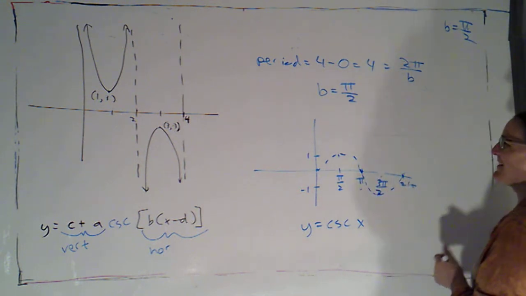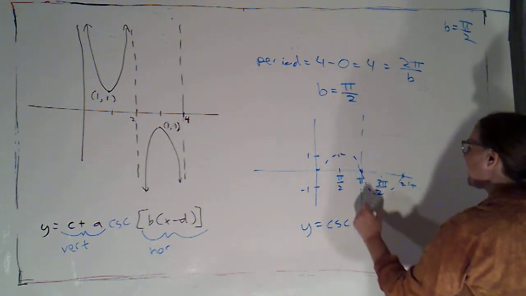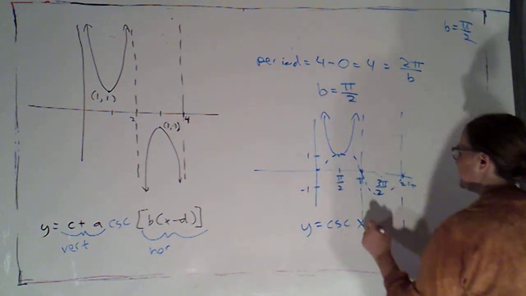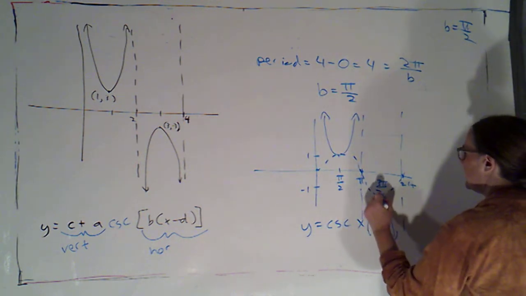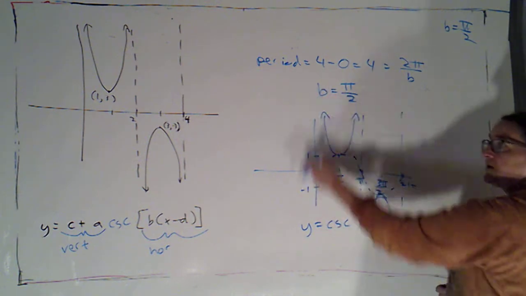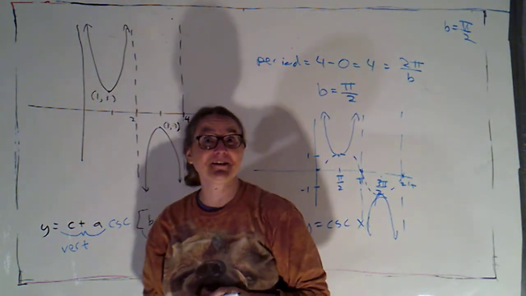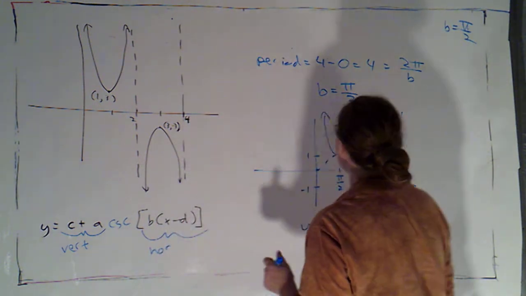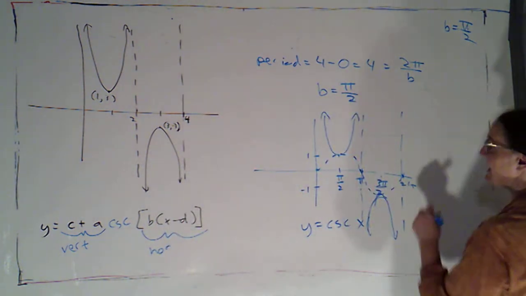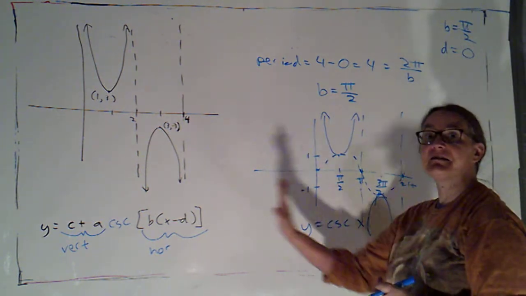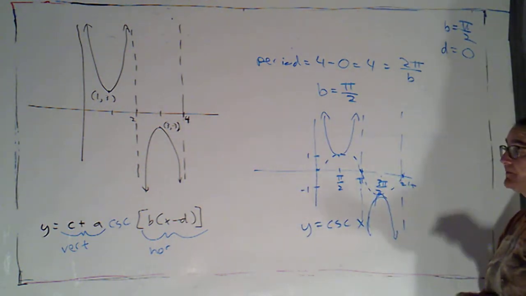Okay, there we go. There's my sine as a helper curve. So I would have asymptotes at 0, pi, and 2 pi, and then I would flip the bumps. Okay. So I start with an asymptote at 0. We're starting with an asymptote at 0. Very nice. That tells me that my D is 0. This time there is no horizontal shift.